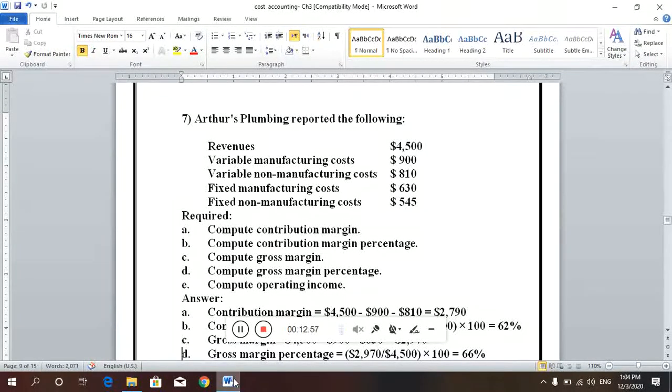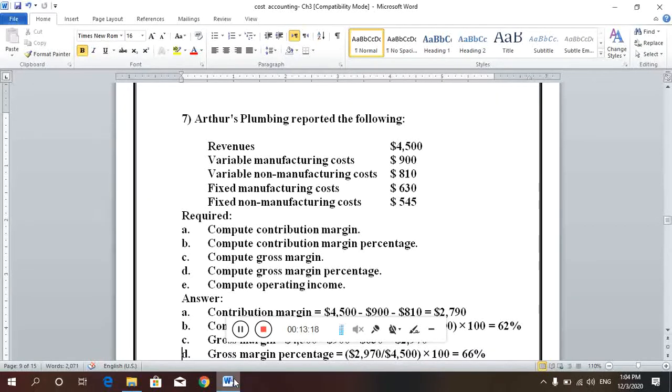As we said before, number A, contribution margin. Total contribution margin equals sales revenue minus variable costs. And here variable costs is divided into two elements: variable manufacturing costs and the variable non-manufacturing costs.